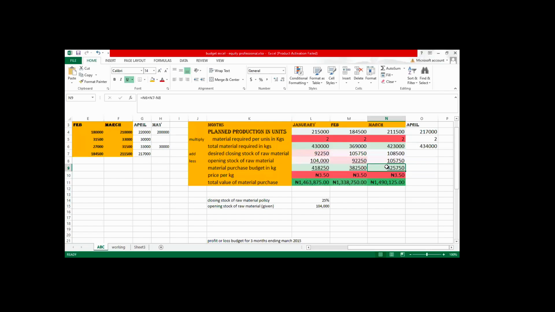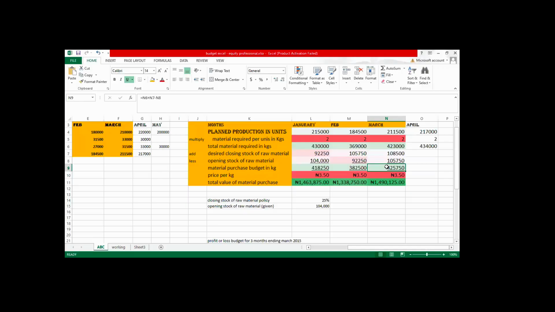You observe that we didn't bother to color April because examiner says, and we didn't bother to complete April. We don't require April for submission, but we require April and May for our workings because of the company's policy on inventory.